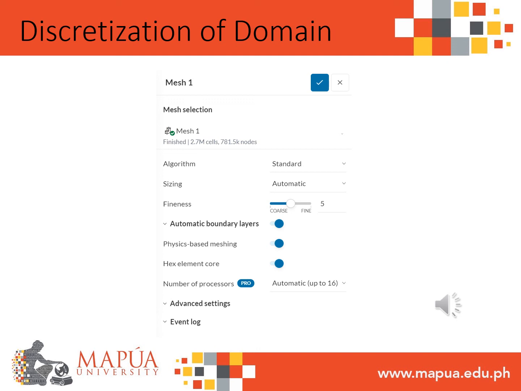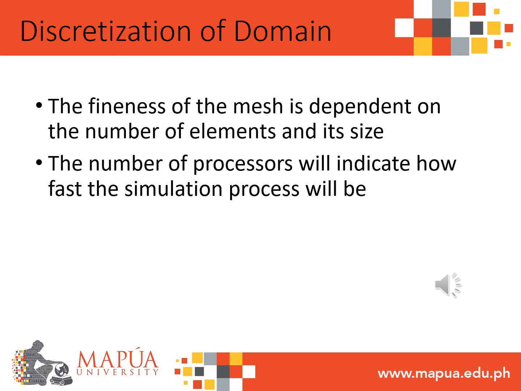When it comes to generation of the mesh, we are concerned with two things. One is its fineness, and the other one is the number of processors. The fineness of the mesh is dependent on the number of elements and their size. Usually, the more elements we have, the smaller their size could be.